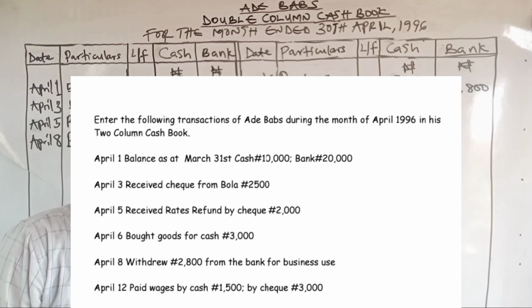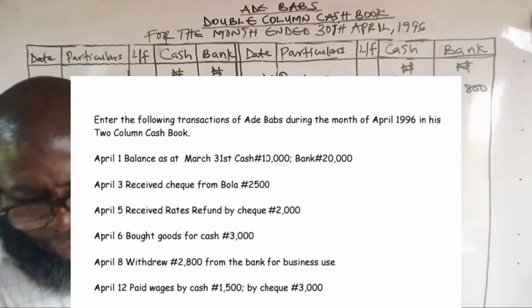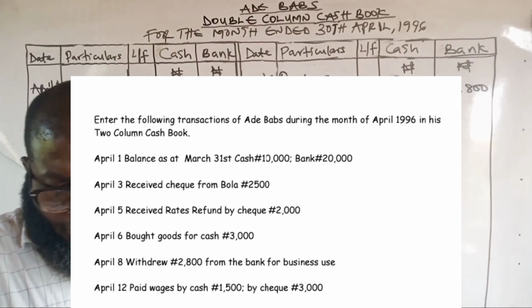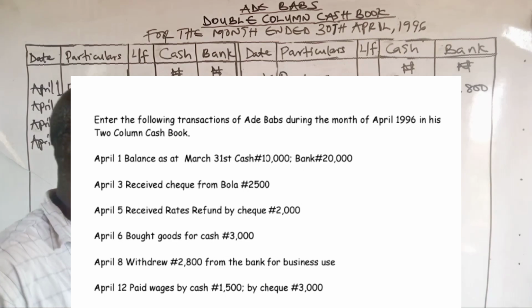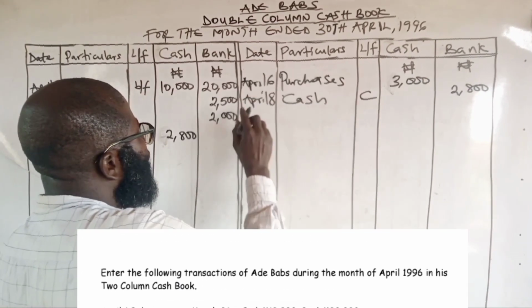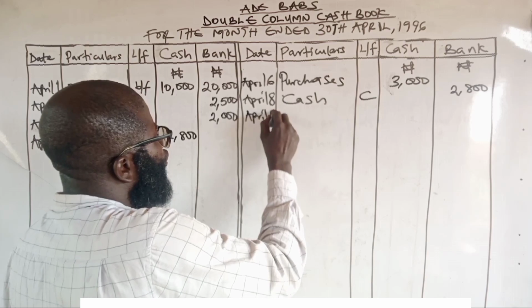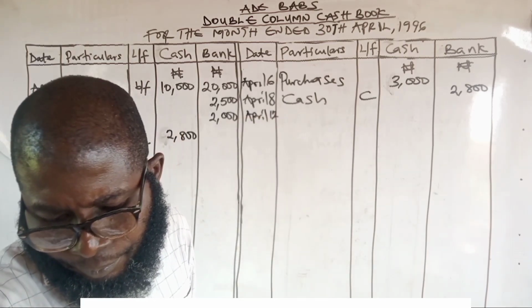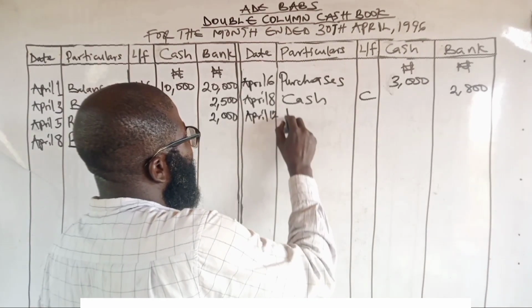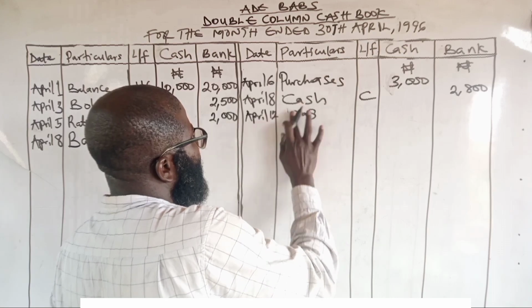April 12, paid wages by cash, 1,500. By check is 3,000 naira. Then you come to the credit side, April 12, wages, you write wages here.